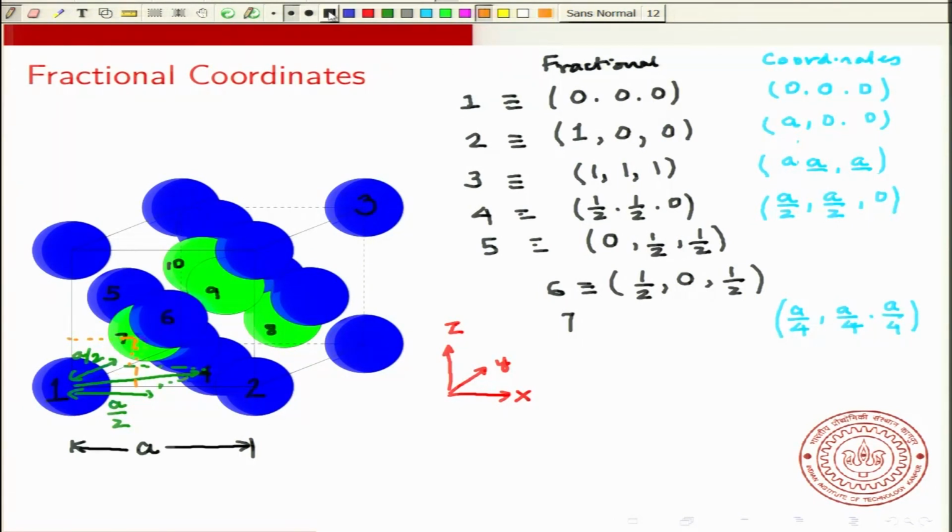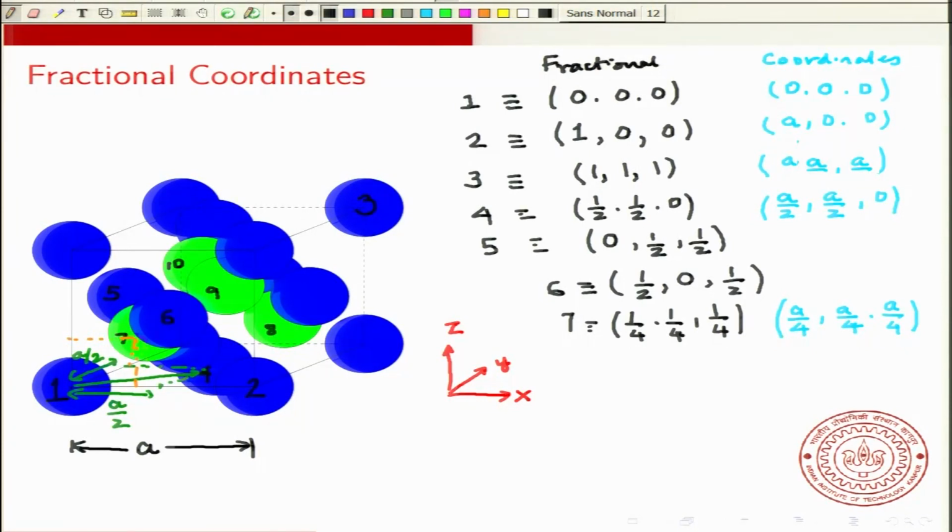Now this gives me the fractional coordinates of 1 by 4, 1 by 4, 1 by 4. Now remember, point 3 is 1 1 1, and this is 1/4 1/4 1/4. So clearly it is 1/4 of the way from the origin, which is point 1, to point 3.